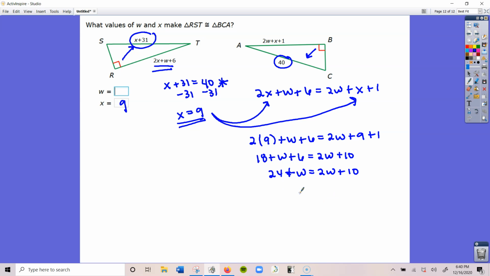And now we can solve for w. I'm going to subtract the w from here, though you could also have subtracted the 2w if you wanted to. It doesn't matter which order you choose. So 24 is equal to w plus 10, and then I would subtract the 10. So w would equal 14.